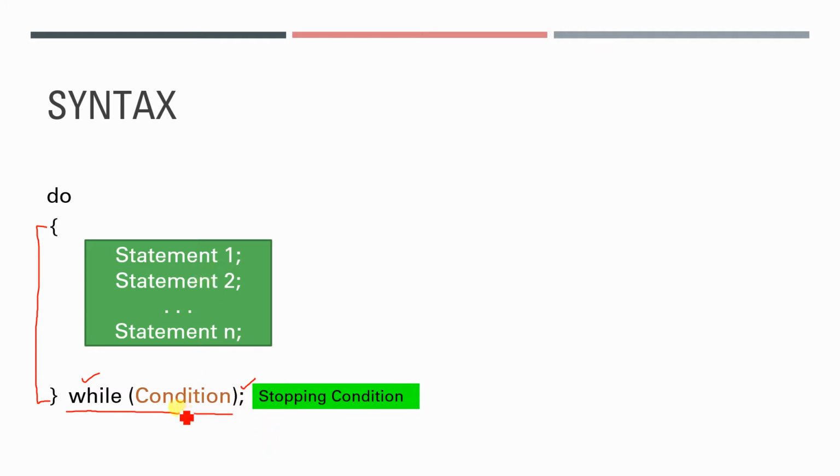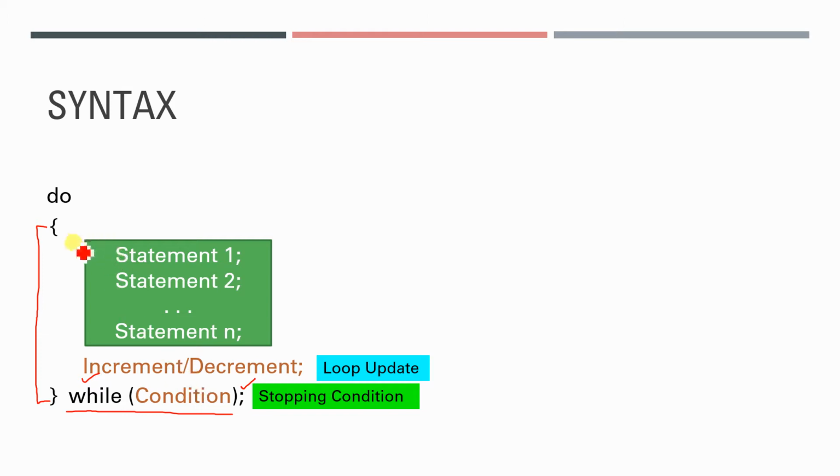To make this condition false eventually, we need to have a loop update condition, which is written over here, something like increment or decrement. You know that for this loop update statement, either we can use increment or decrement, or some other techniques also, that we have already discussed in the while loop section.